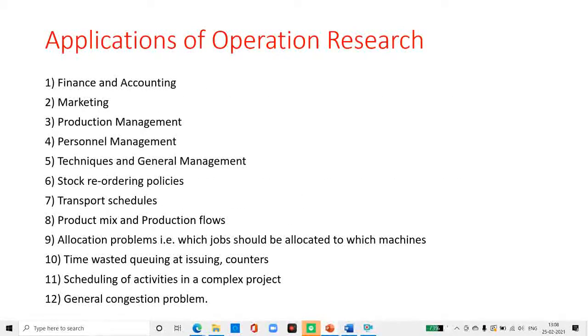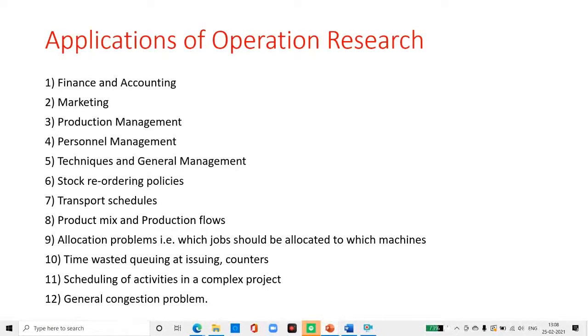The next part is the applications of operational research. Some industrial, government, or business problems can be analyzed by the operational research approach. These are the different functional areas of application of OR techniques: financial and accounting, marketing, production management, personnel management, and general management.